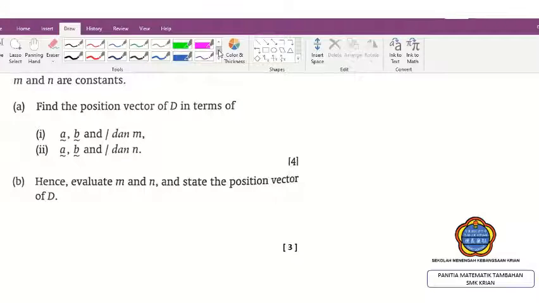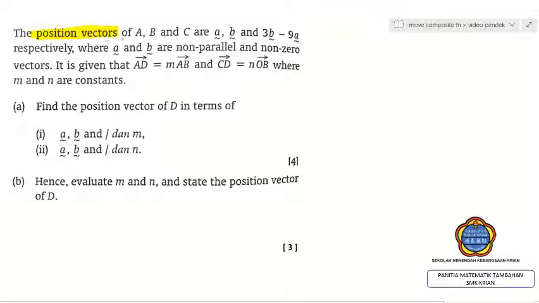Position vector means a vector of a point, any point, relative to the origin. This is a vector in a Cartesian plane.